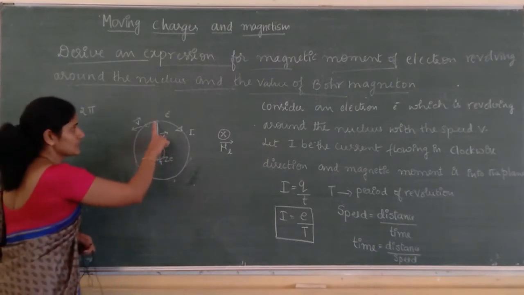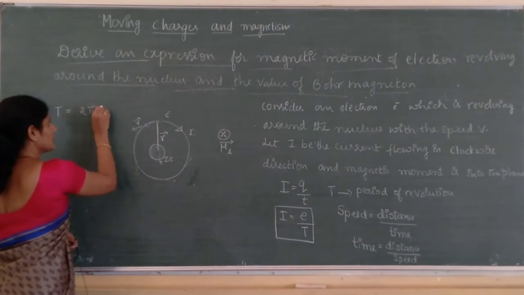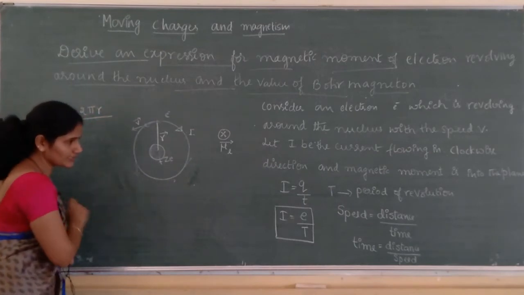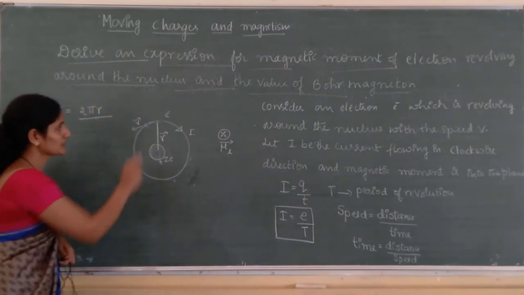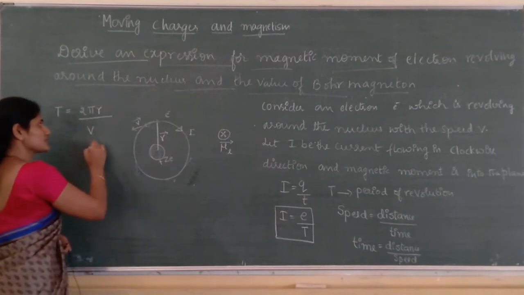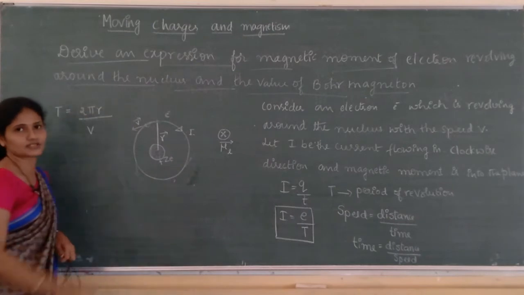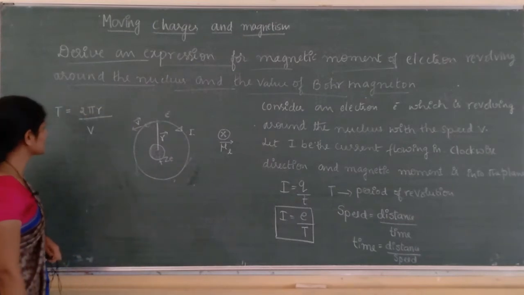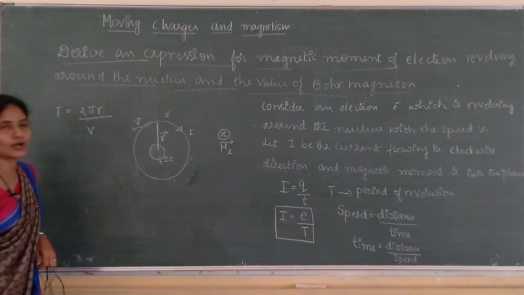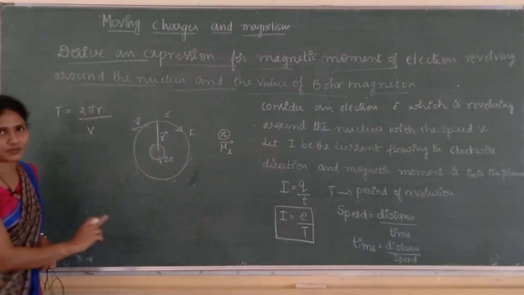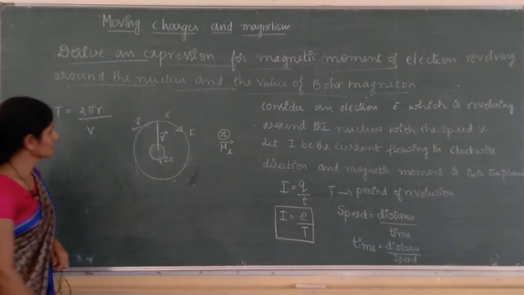Here r is the radius. So, 2 pi r is the distance divided by speed. v is the speed. With this much speed, the electron covers this much distance. So, time period T is equal to 2 pi r divided by speed. Speed is nothing but v.